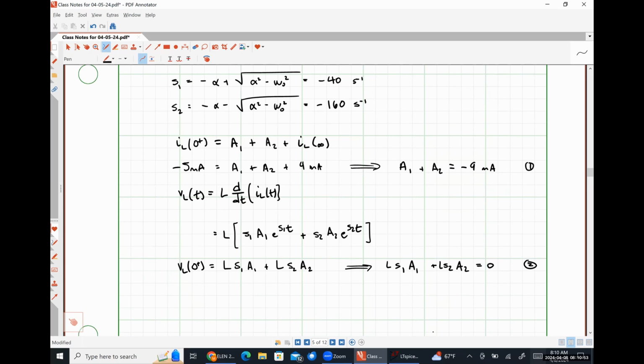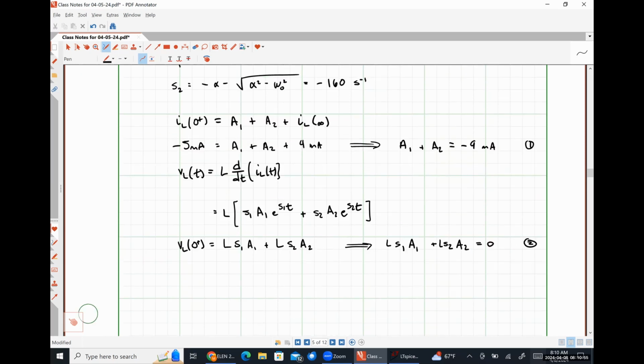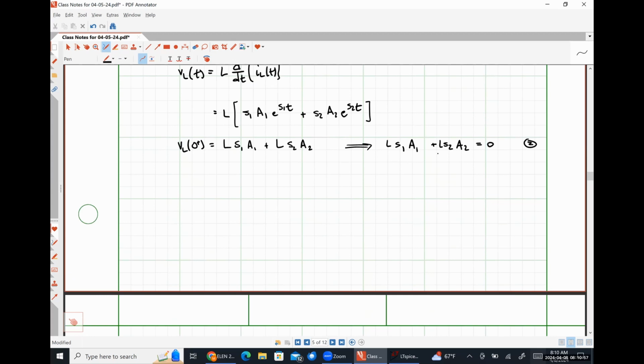And my constant term is 0. When I solve this system, let me double check that. I get 3 milliamps here, and this looks like, yeah, negative 12 milliamps. That should work.